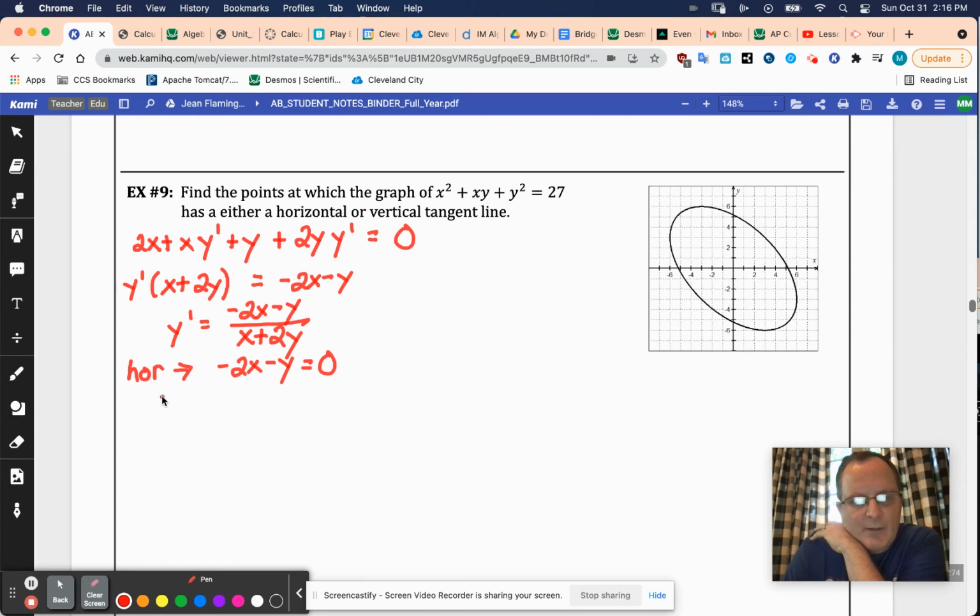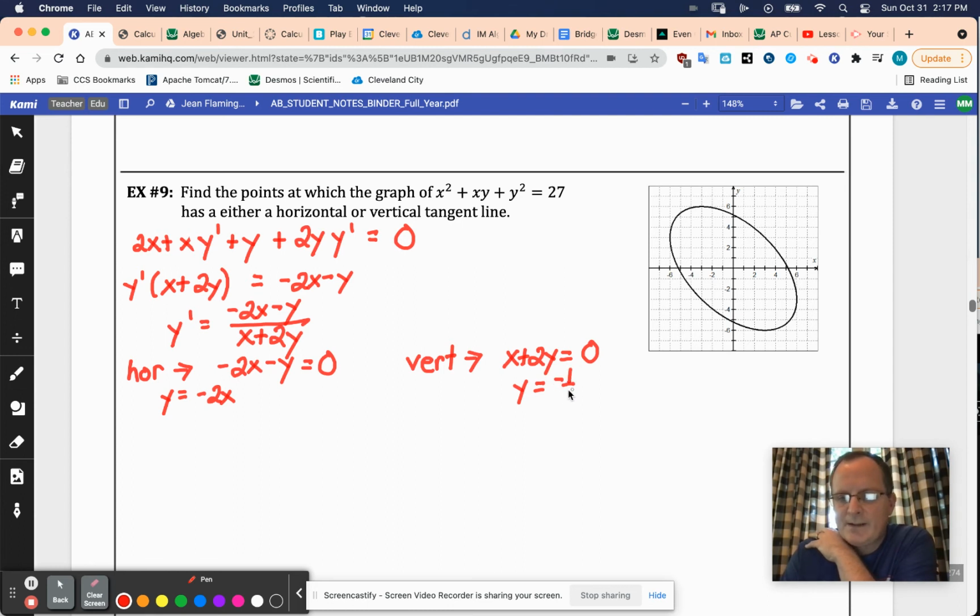So that's going to happen whenever y equals negative 2x. And on the vertical, that's when the denominator is going to equal 0. That would be whenever x plus 2y is equal to 0, or y is equal to negative 1/2 x. Subtract the x, divide by 2.